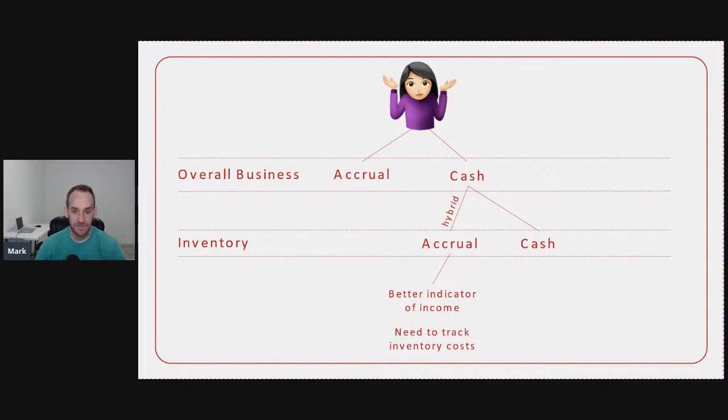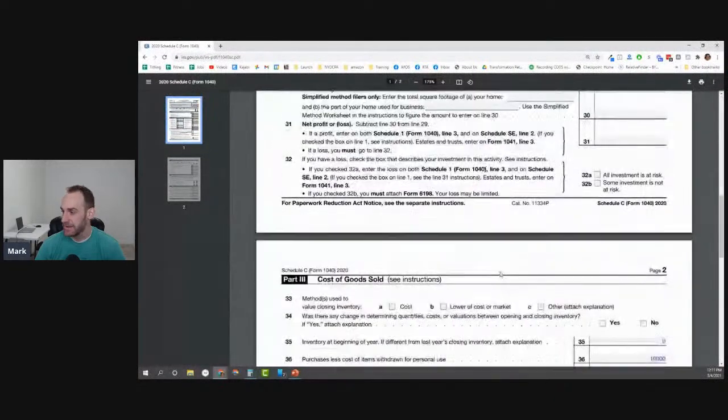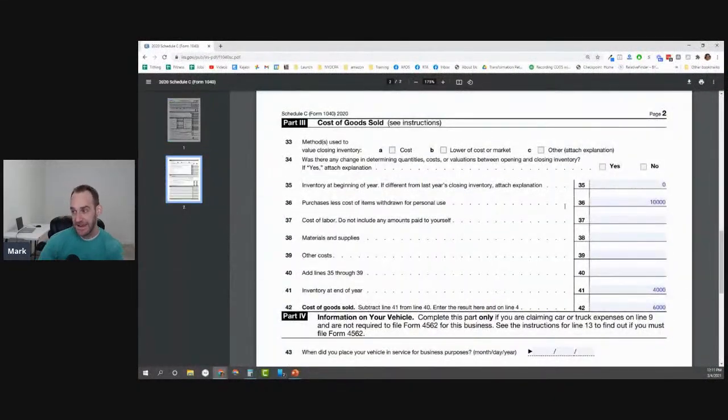So let me show you that Schedule C again. This is set up for the accrual method, but if you are using the cash method, then the IRS doesn't even consider you to have a beginning or an ending inventory. So all you would do is just list your total purchases on this purchases line, and that would flow through down to the total, because really you're doing 0 plus 10,000 minus 0.